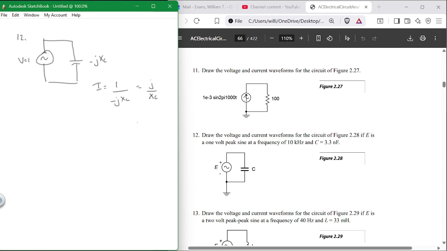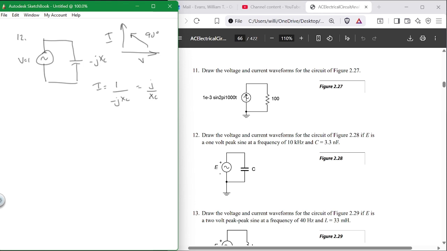So if this is my voltage, my current is like this. It's 90 degrees ahead of the voltage. Here's my voltage, here's my current, because that j says move it ahead by 90 degrees. So that's number 12.